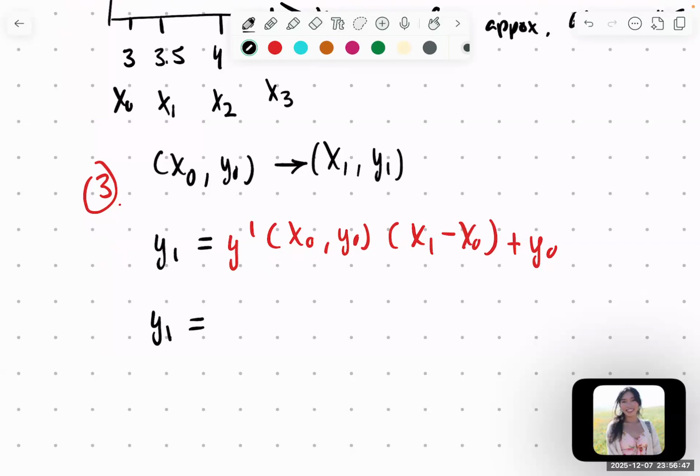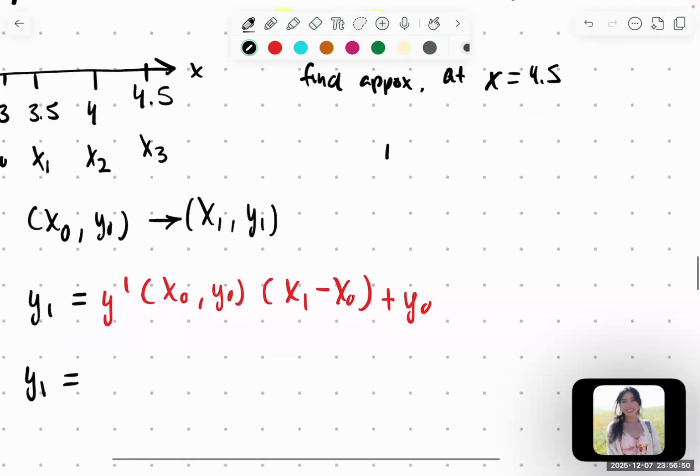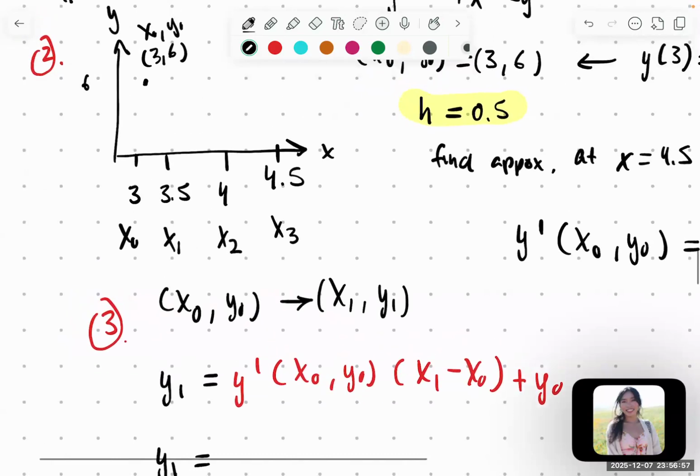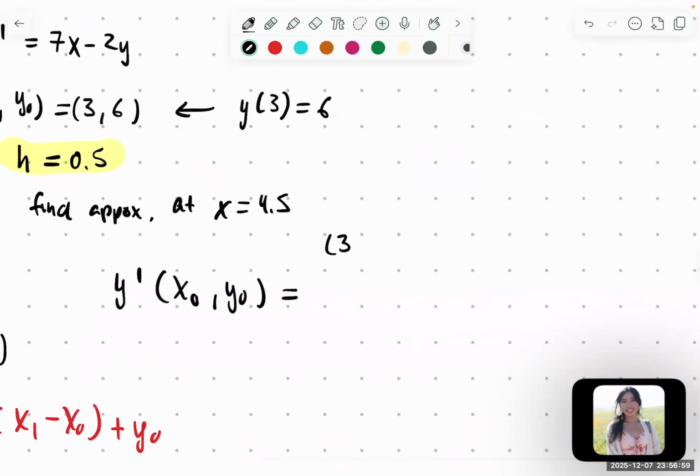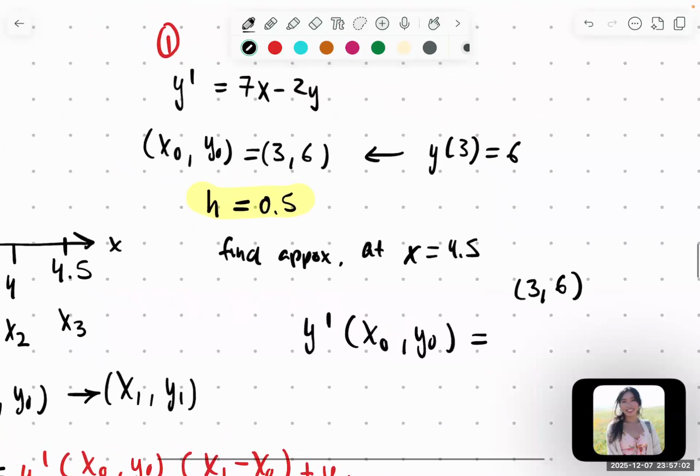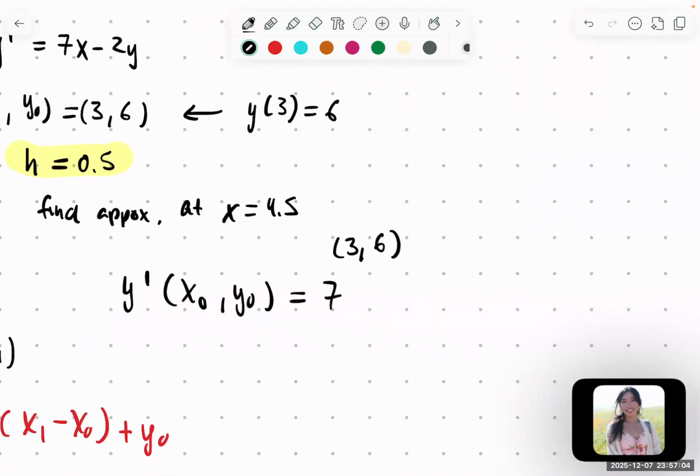To find y prime at x of 0, y of 0, we plug in our starting point, which is 3, 6, into our equation 7x minus 2y, which is 7 times 3, 21, minus 2 times 6. That's just going to be 9.